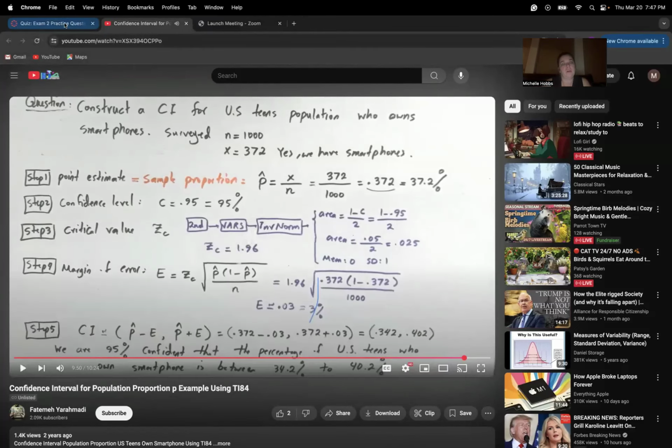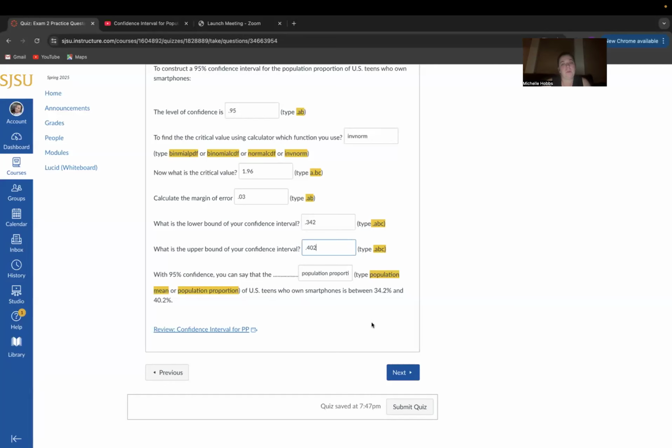So the lower bound of the confidence interval is 0.342, and the upper is 0.402.